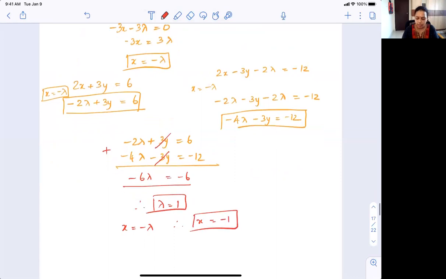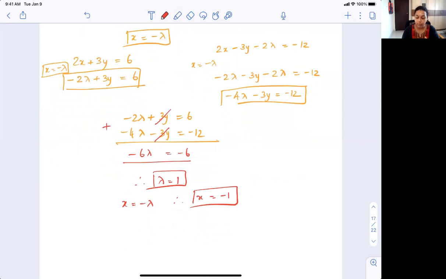When x is minus 1, you can plug this into the budget constraint: 2x plus 3y is 6, so 2 into minus 1 plus 3y is 6. 3y is just going to be 8. Therefore, y is equal to 8/3.